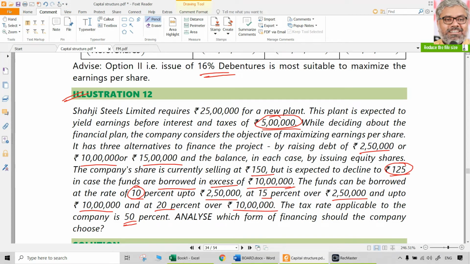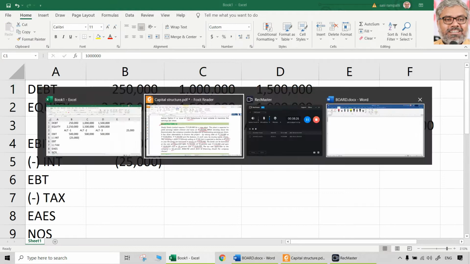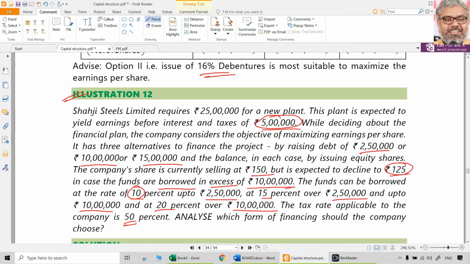Then second scenario, debt is 10 lakhs, but here there are two slabs per debt. So this has to be calculated separately. Up to 2,50,000, 10%, that is one thing, right? Up to 2,50,000, 10%. Still, how much debt is supposed to be raised? Another 7,50,000 is supposed to be raised. So up to 10 lakhs means over 2,50,000 and up to 10 lakhs, 15% is the rate of interest.